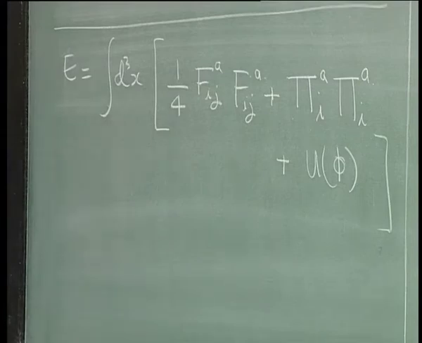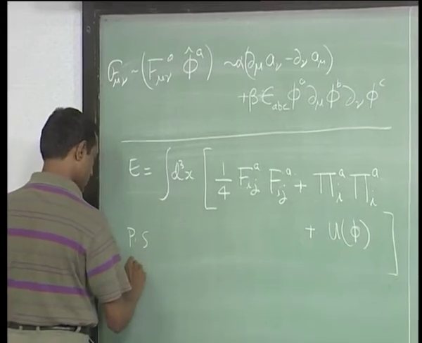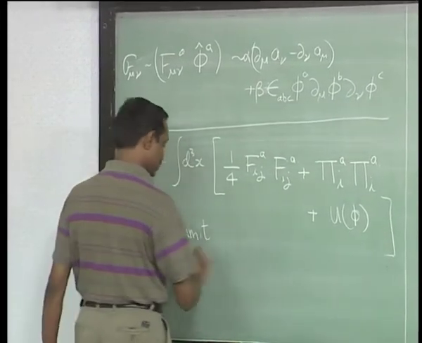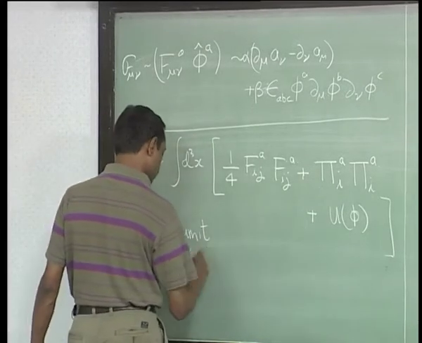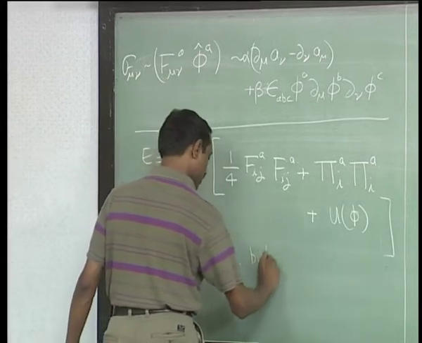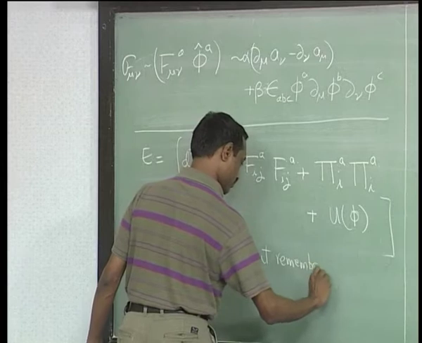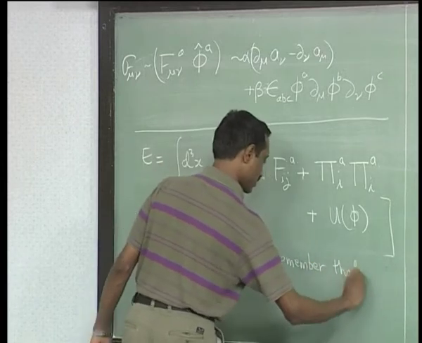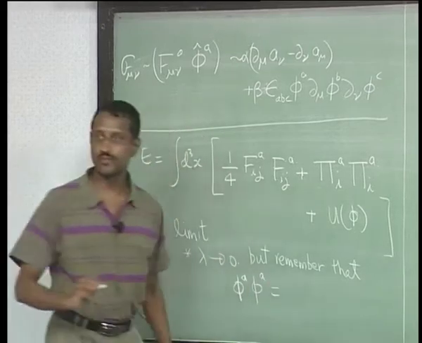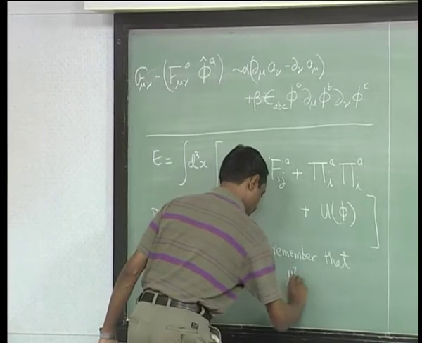The interesting thing about the Prasad-Sommerfield limit is that it says forget about U(φ), or take λ to 0, but remember that we need to impose φ^a equal to μ² upon λ.